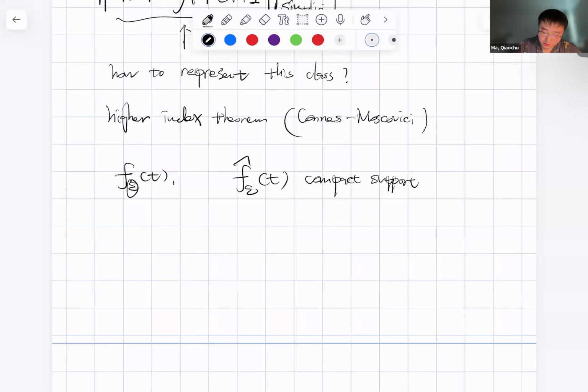Actually, with this subscript epsilon, we can let the support be in minus epsilon to epsilon.